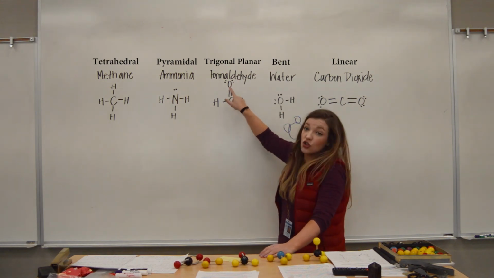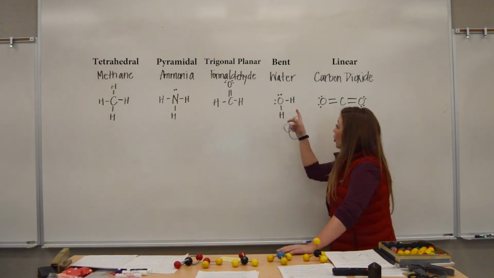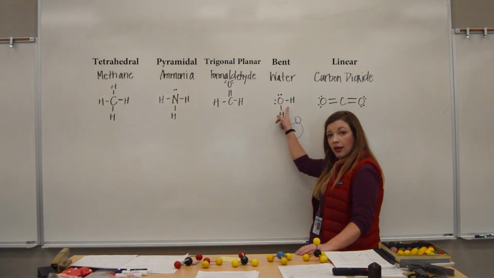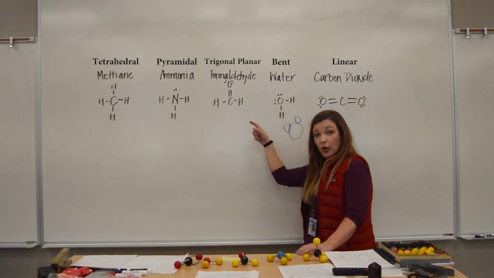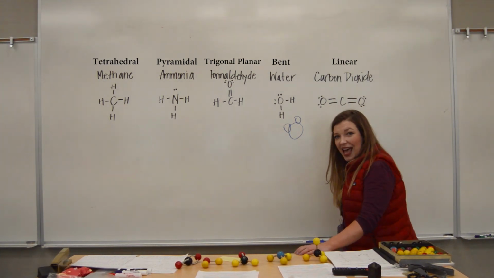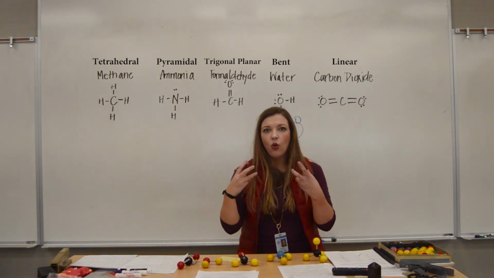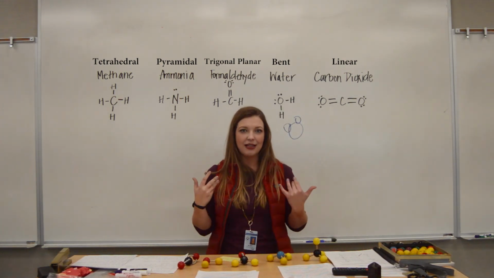When you have just 3 bonding domains, that's trigonal planar. When you have 2 bonding domains and then lone pairs, we call that bent. And when you have just 2 bonded domains, that is linear. Again, please go out and practice this, work with models, process through it.